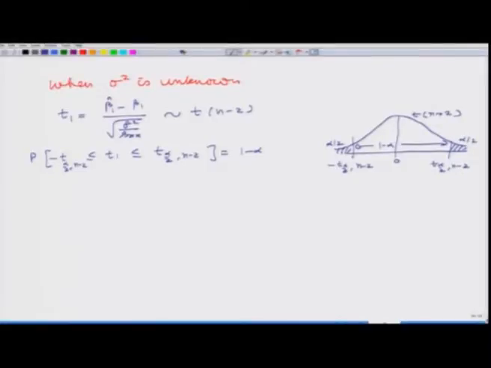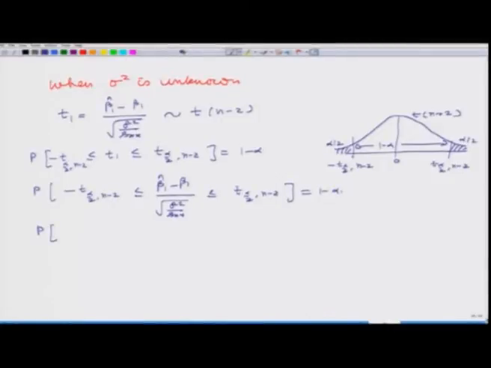Right. So, now let us further solve it, and we can write the probability that minus t alpha by 2, n minus 2 is less than (beta 1 hat minus beta 1) over the square root of sigma square hat over Sxx, which is less than t alpha by 2, n minus 2, is equal to 1 minus alpha.